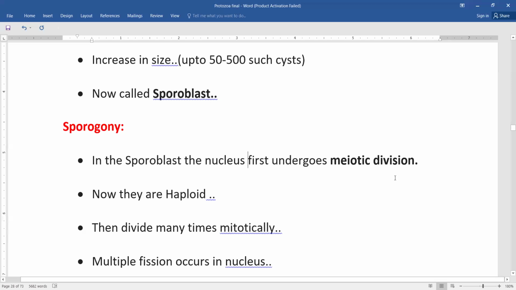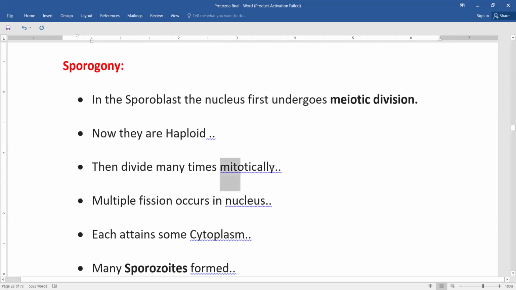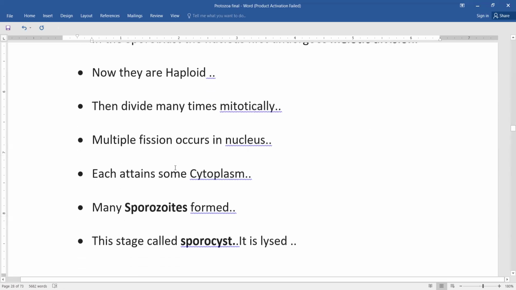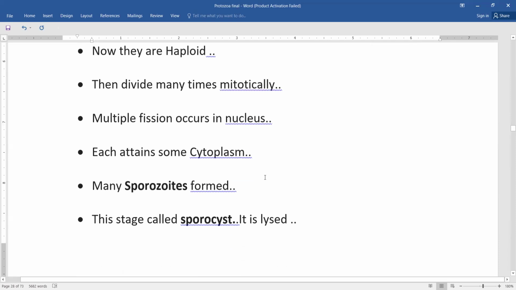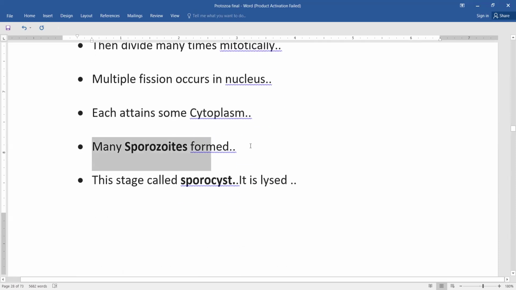In general, meiotic division occurs during gametogenesis, but here it occurs in the zygote, and later the nuclei divide mitotically. So many nuclei are formed. Each nucleus acquires some amount of cytoplasm to form many sporozoites. The stage with sporozoites is called a sporocyst, and then it is lysed or broken.